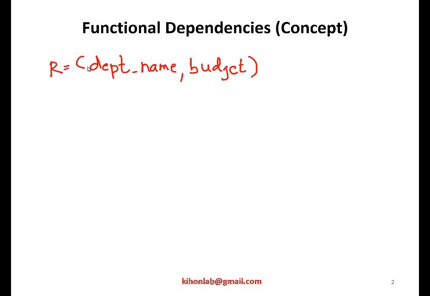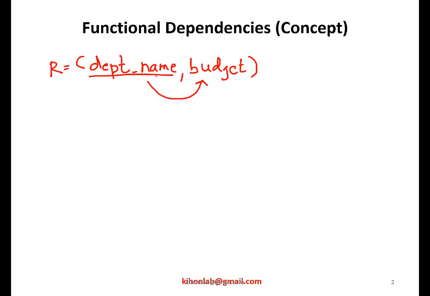Now each specific value for department name corresponds to at most one budget. So here department name can serve as a primary key. For each department there could be at most one budget value possible. That's why department name is the unique one that can act as a primary key.